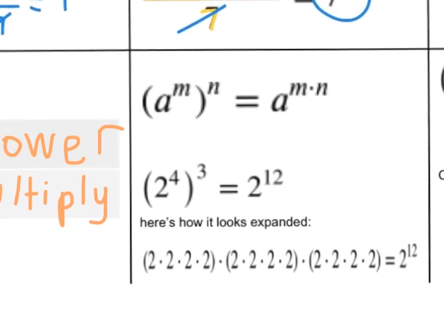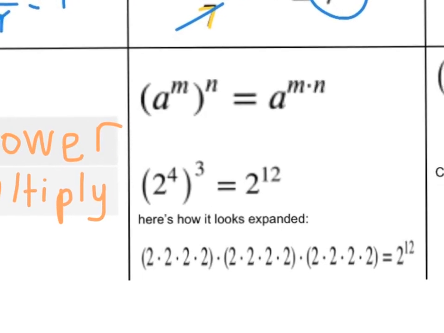So moving over to our example, we have the base, and now we have double exponents, a power of a power, or a power rule. So the property says we keep the base and we multiply the exponents.